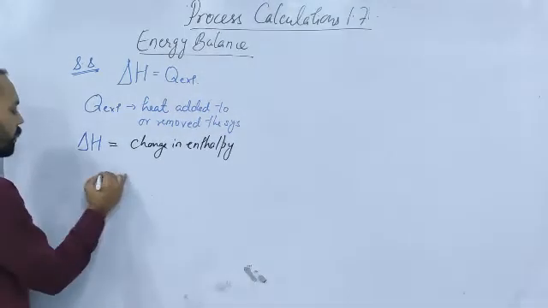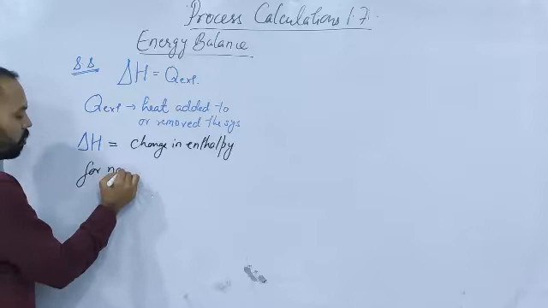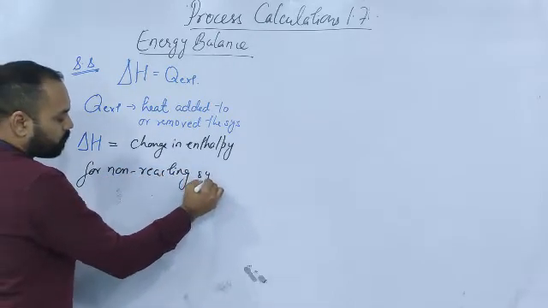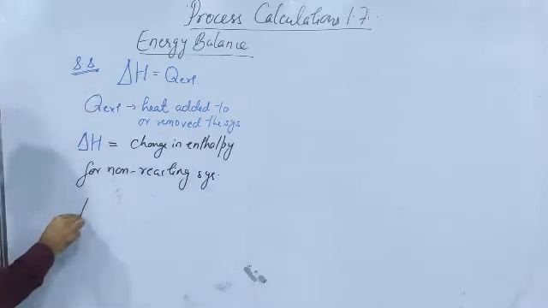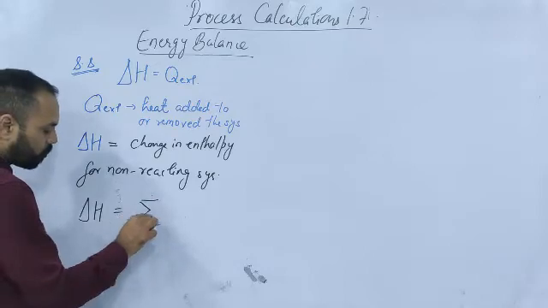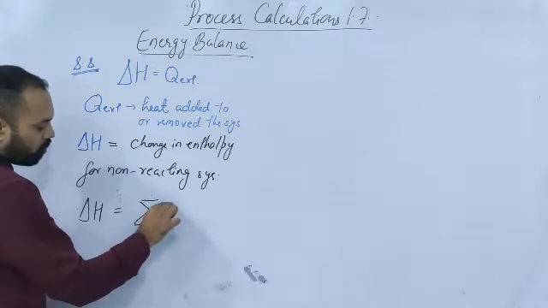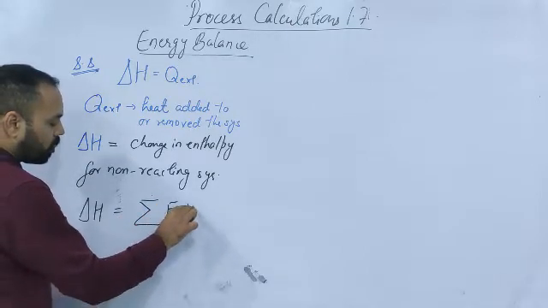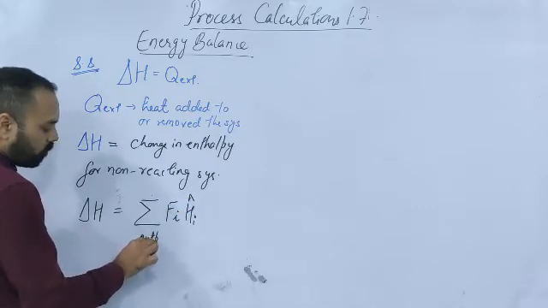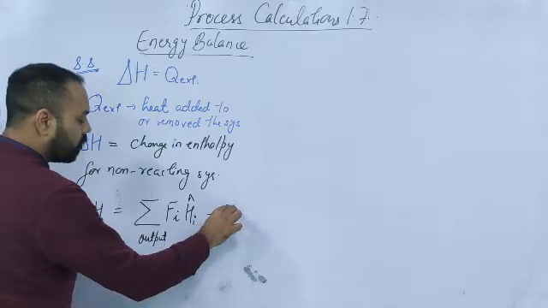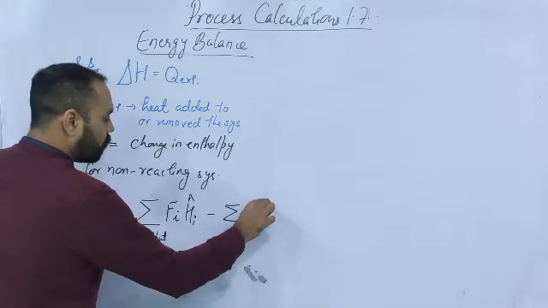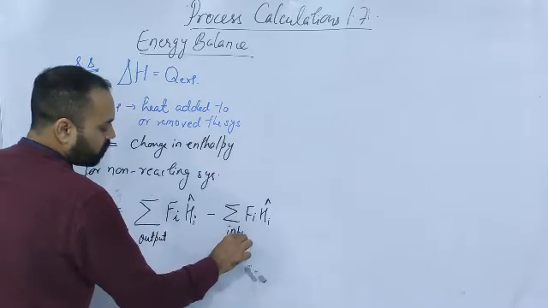In that case, for non-reacting systems, delta H is equal to summation of Fi Hi cap for all the output streams minus summation of Fi Hi cap for all the input streams.